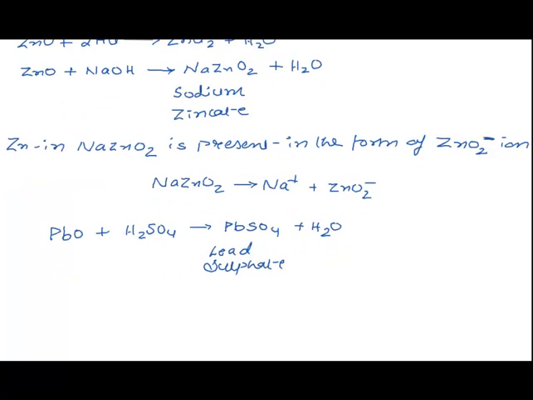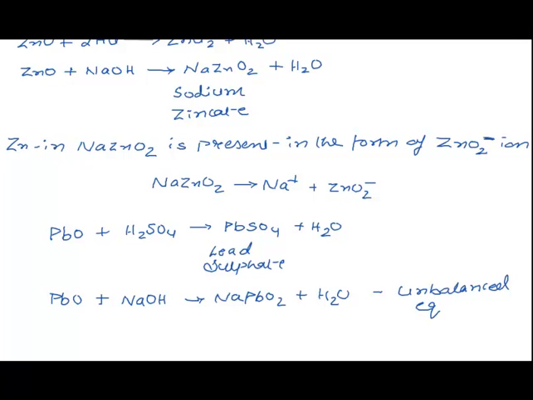And if I am treating this lead oxide with sodium hydroxide, it would be PbO plus NaOH. It will form NaPbO2 plus H2O. You need to balance this equation. This is an unbalanced equation. You try to balance it.